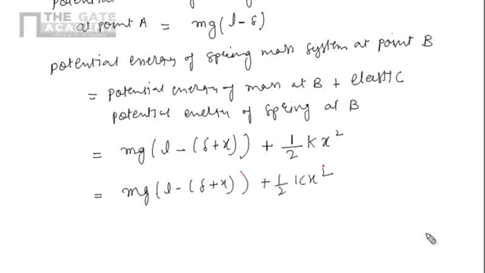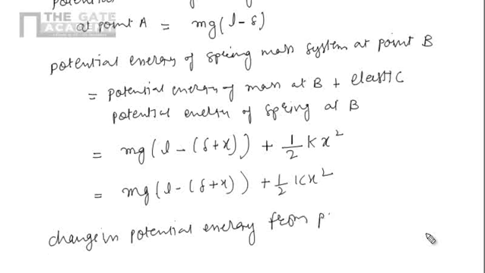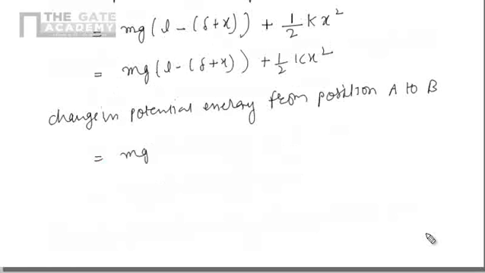Now we are interested in the change in potential energy from position A to B, which equals mg(L minus (delta plus x)) plus 1/2 k x squared minus mg(L minus delta).